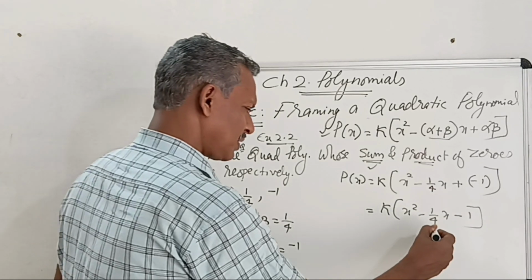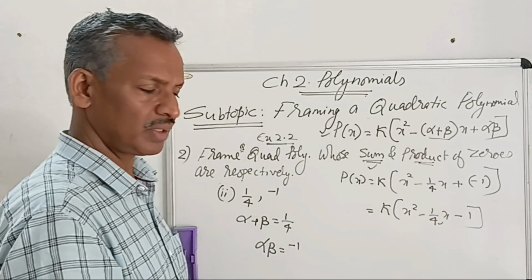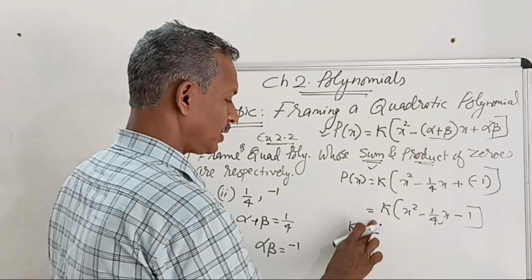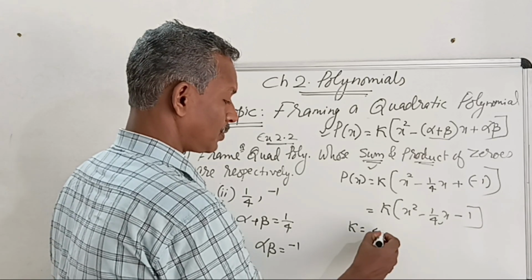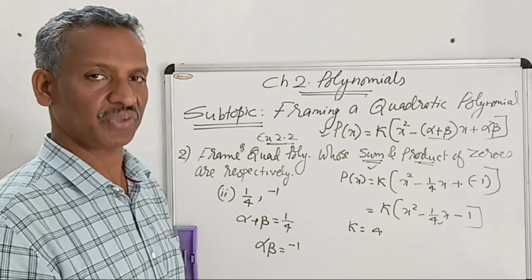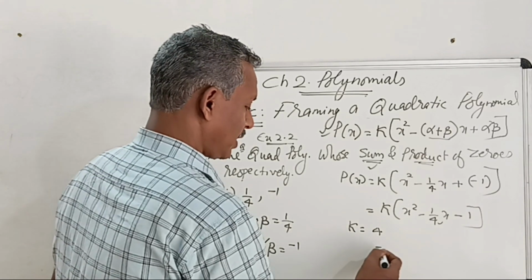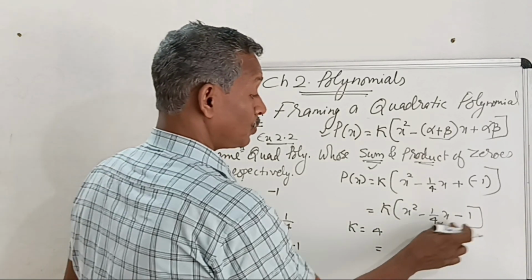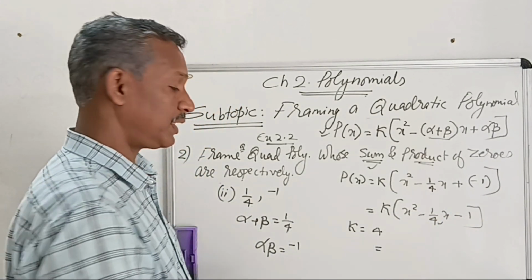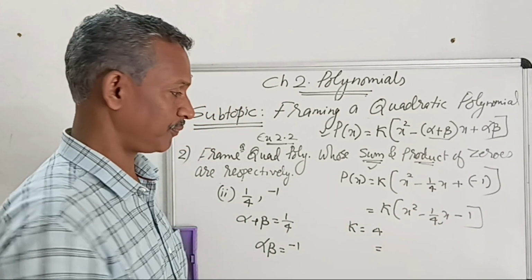So if there is any denominator, you take that as the value of k. Here the denominator is 4, you take k is 4, so that you can remove the fractional coefficient easily. You may ask, if there are two fractional coefficients, take the LCM of the denominators and take that as the value of k.